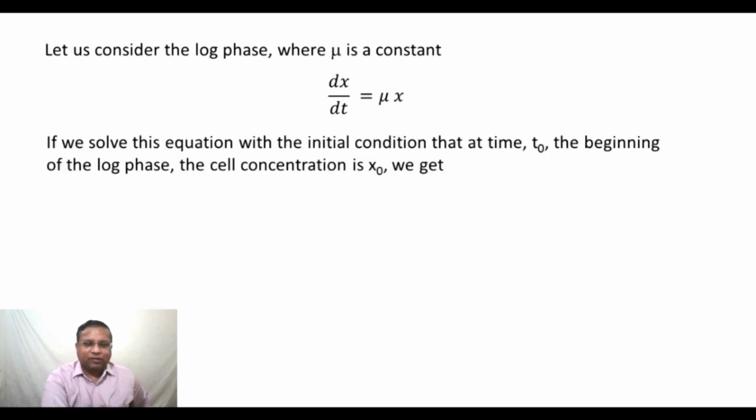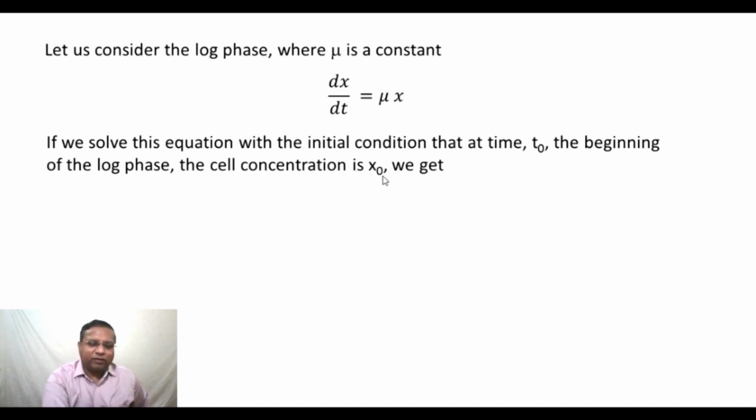If we solve this straightforward first order differential equation, you need at least one initial condition to solve. So the initial condition is as follows: at time t equals t0, which is the beginning of the log phase, not the beginning of the batch, the cell concentration is x0.